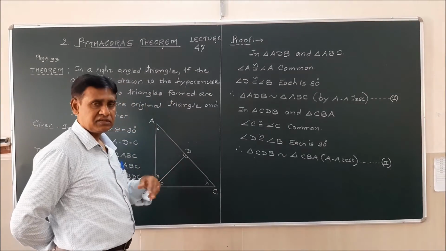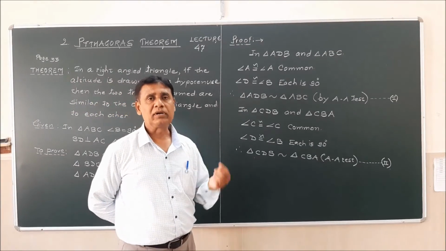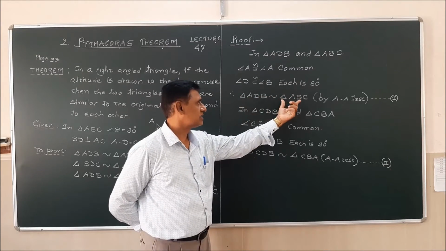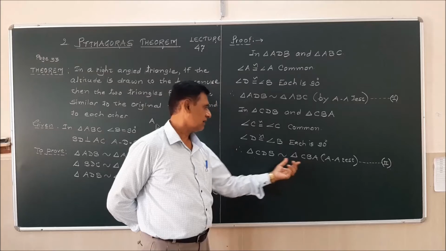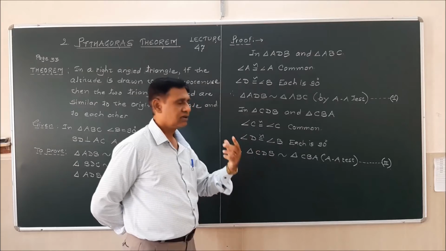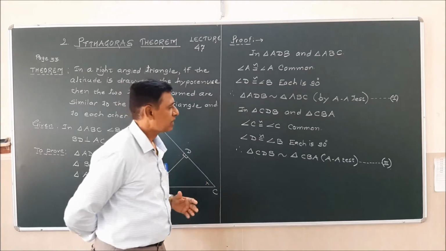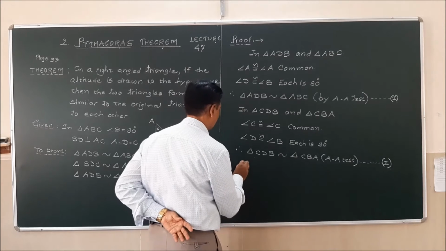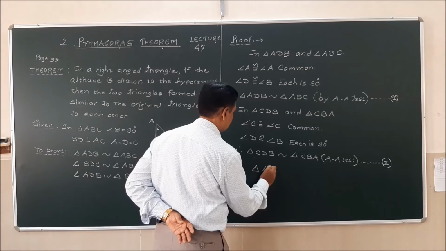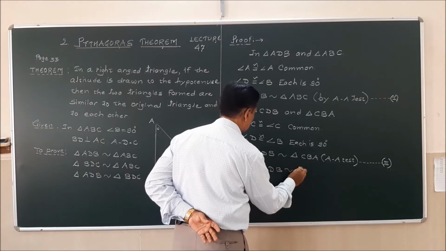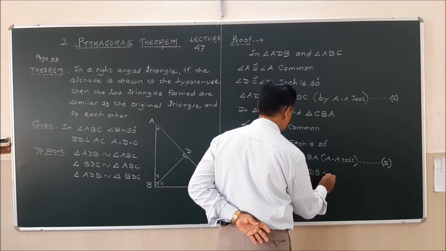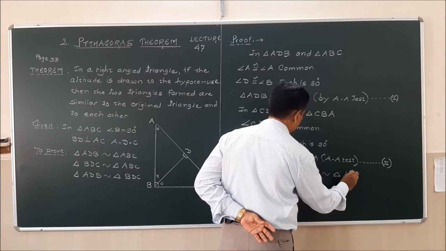Since we all know the property of transitivity, if one triangle is similar to the second triangle and the second triangle is similar to the third triangle, then naturally the first and third also become similar to each other. Therefore, triangle ADB is similar to triangle CDB, similar to triangle ABC.